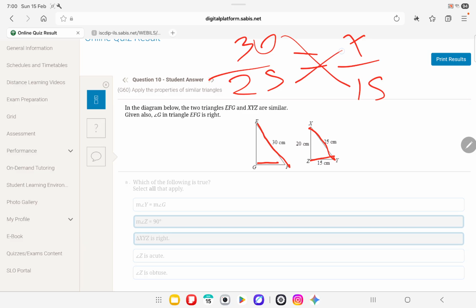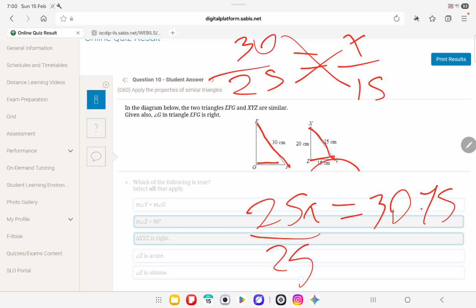So we do cross multiplication. It'll be 30 times 15 is equal to 25x. Let's just flip it over so it's easier for us. It'll be 25x is equal to 30 times 15 over 25.